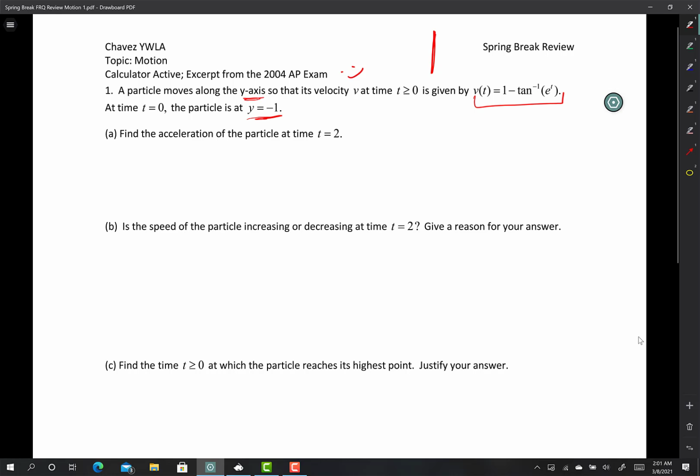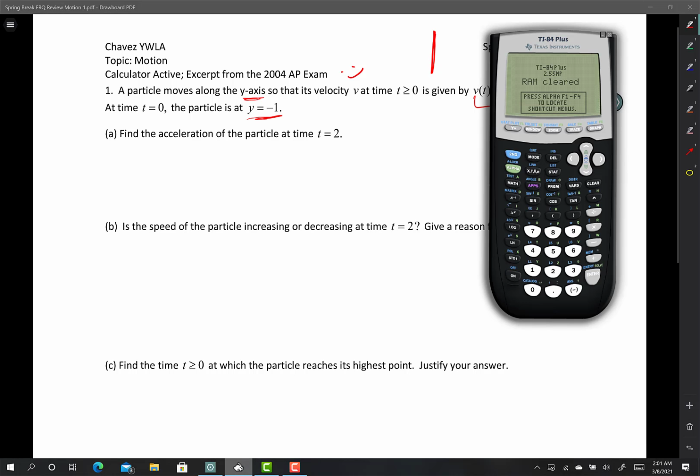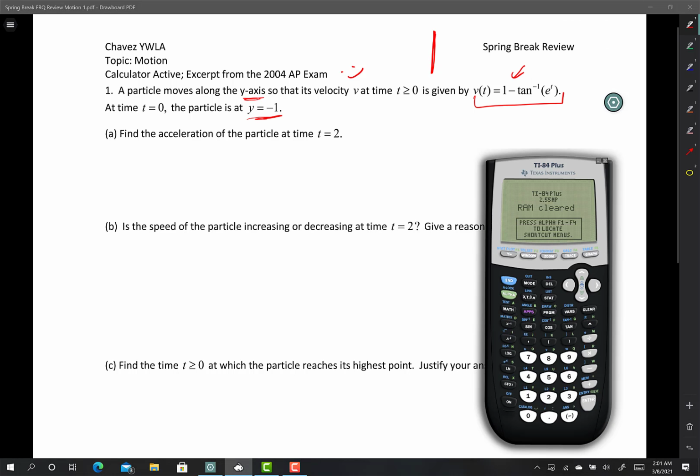The first thing I would do is type this equation into my y1 in my calculator. Here's my calculator. I'm going to go to y equals and type that in: 1 minus arctan of e to the x. Make sure you're in radian mode. Second, arctan, and e to the x.